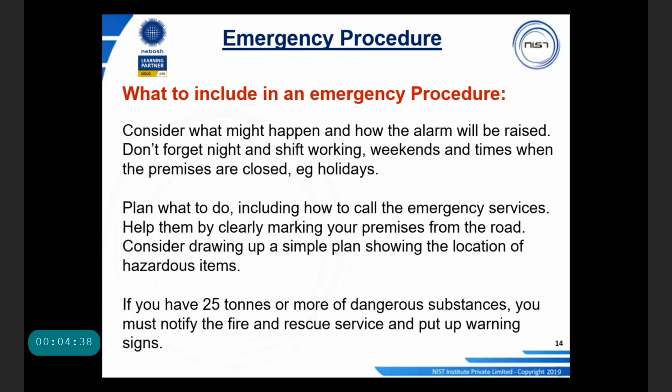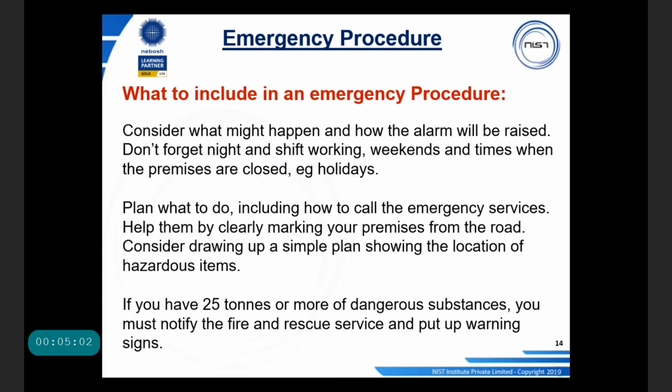Also, the next thing that you will have to include is the roles and responsibilities of your emergency response team. You're going to assign those responsibilities, isn't it? So, responsibilities assigned to the emergency response team.